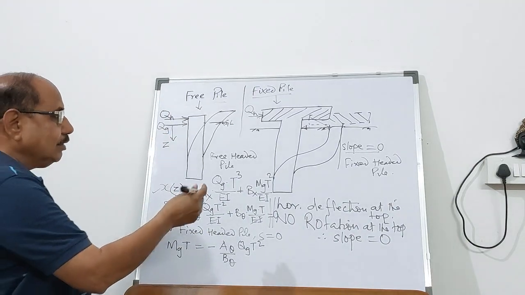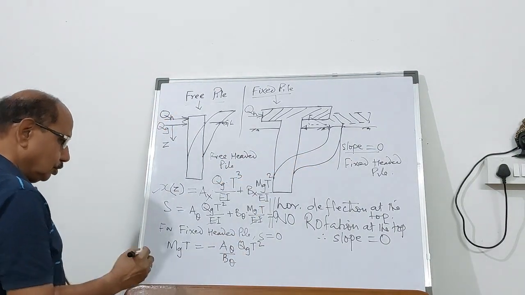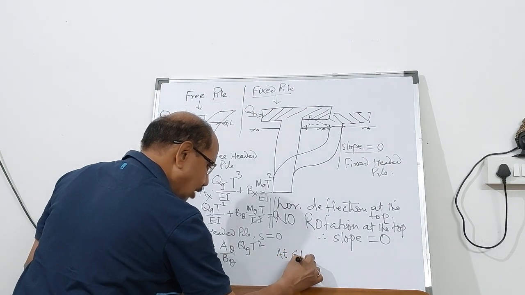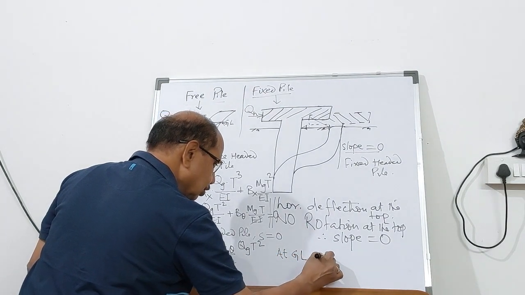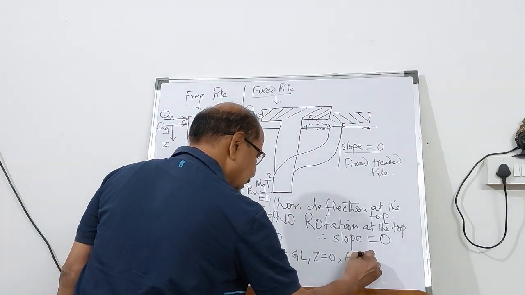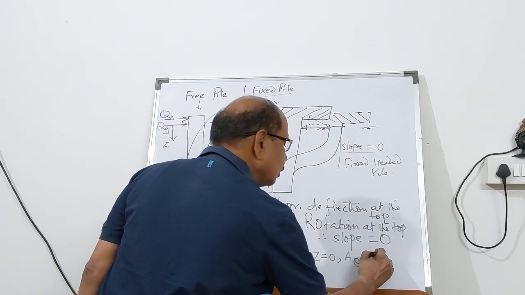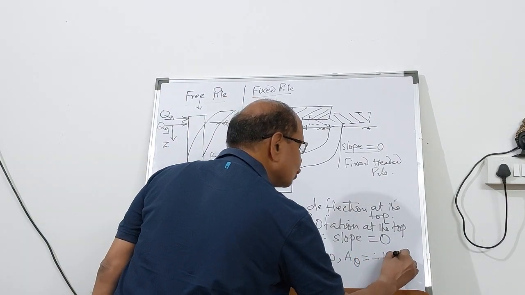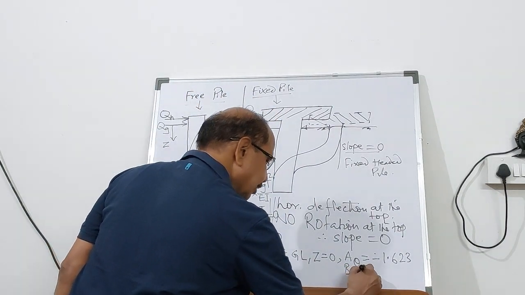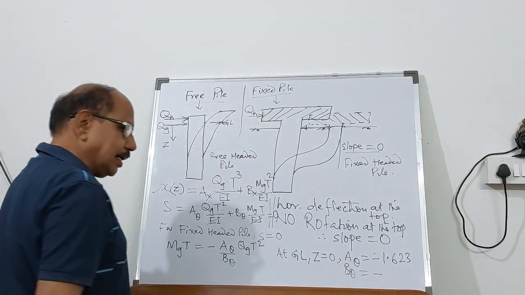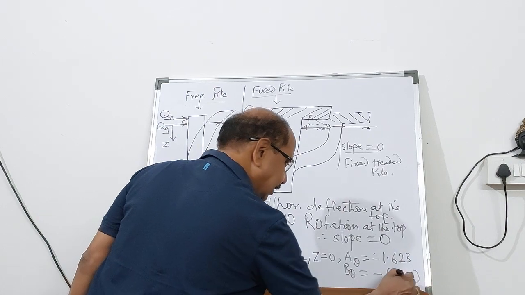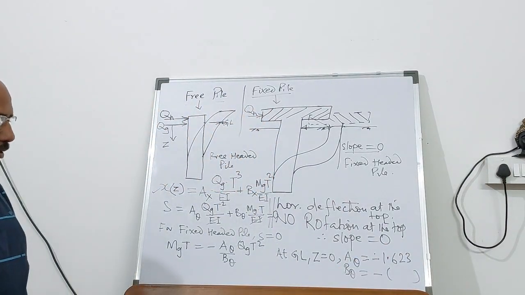At the ground level, capital Z equal to 0, and there you will be getting A theta equal to minus 1.623, and B theta also is given in the Reese and Matlock table.